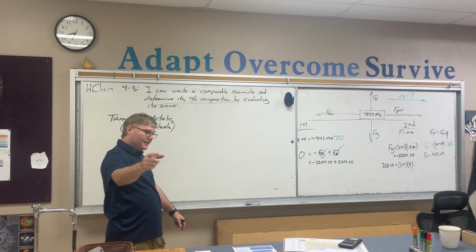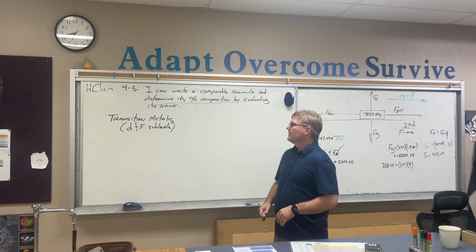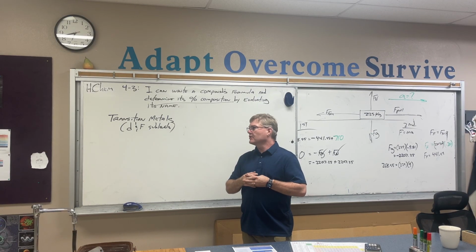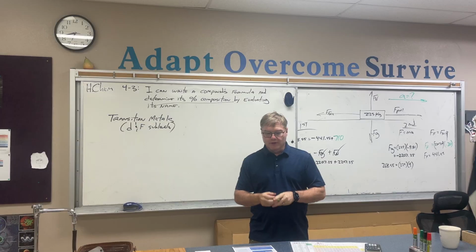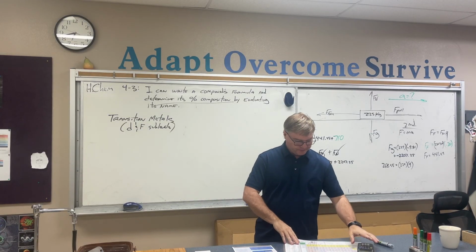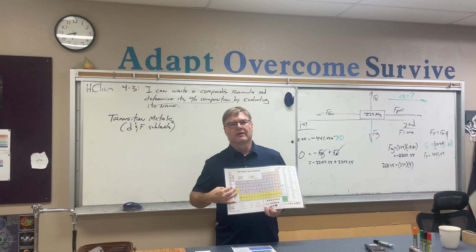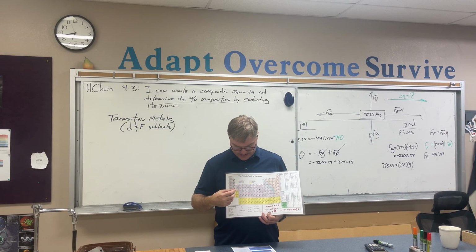Okay, the last complication that we're going to talk about here is something called transition metals. The transition metals are your D and F sublevels on the periodic table, which means these are the elements whose last electrons end up here.